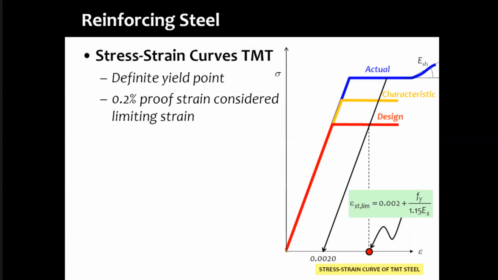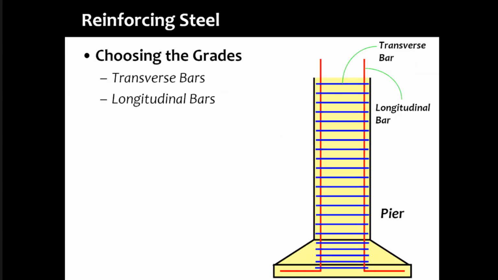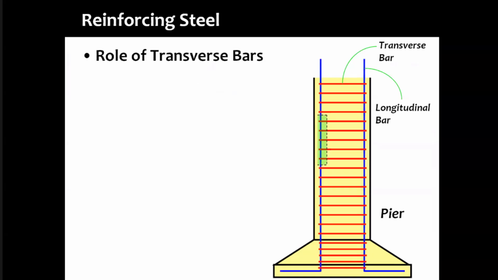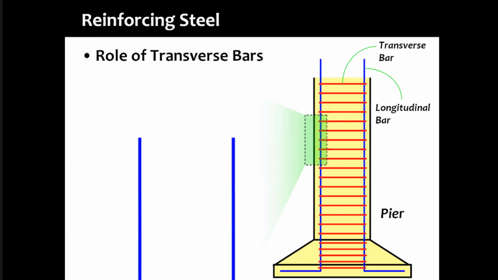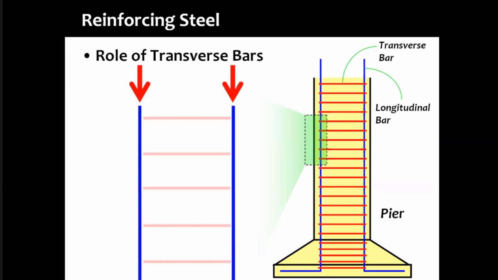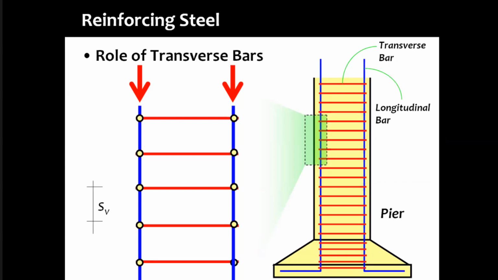One of the issues that I want to drive home today is the fact that different grades of steel will have the same modulus, elastic modulus. So let's look at choosing the grades correctly, transverse bars and longitudinal. What should be the grades? So especially for transverse reinforcement, that's the vertical bars. Those are the transverse reinforcements, and then there is a certain spacing that you're looking at.